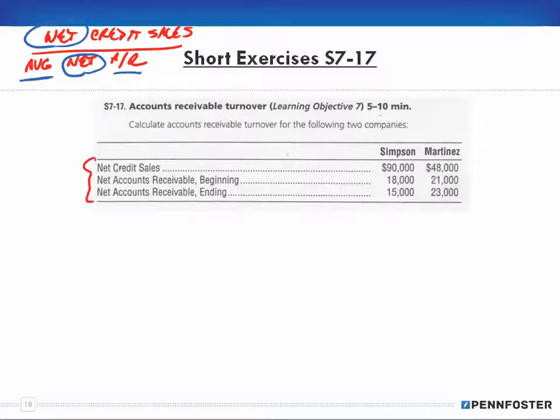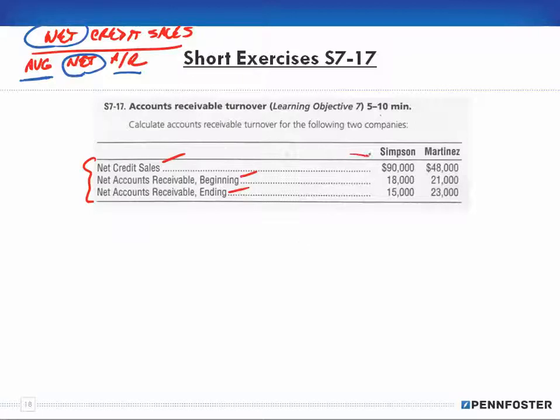Our data is giving us net credit sales, but notice it is giving us a beginning and ending accounts receivable. So we have to actually calculate the average in order to get the average net accounts receivable. We can't just use those two numbers.